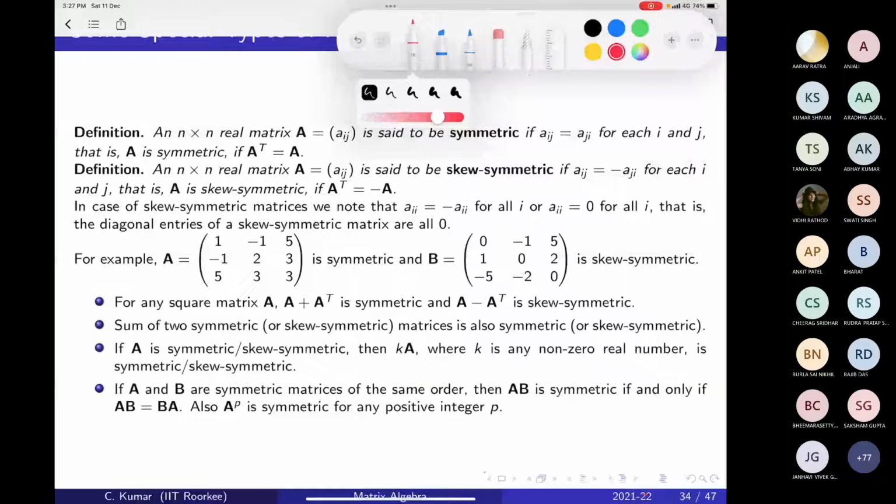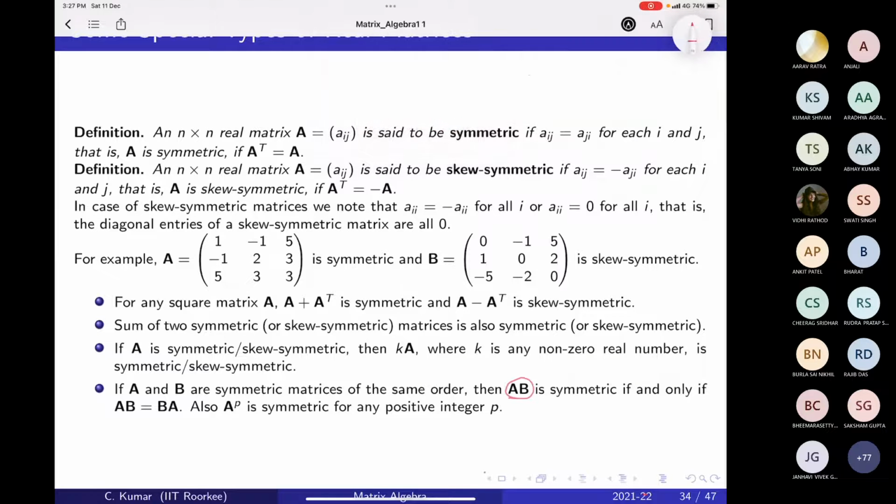So just now we have proved that AB is symmetric if this condition is satisfied, and this holds for any symmetric matrices A and B. So if I take B equal to A in this relationship, this will become A square, and this relationship will become A square is equal to A square, which holds trivially.